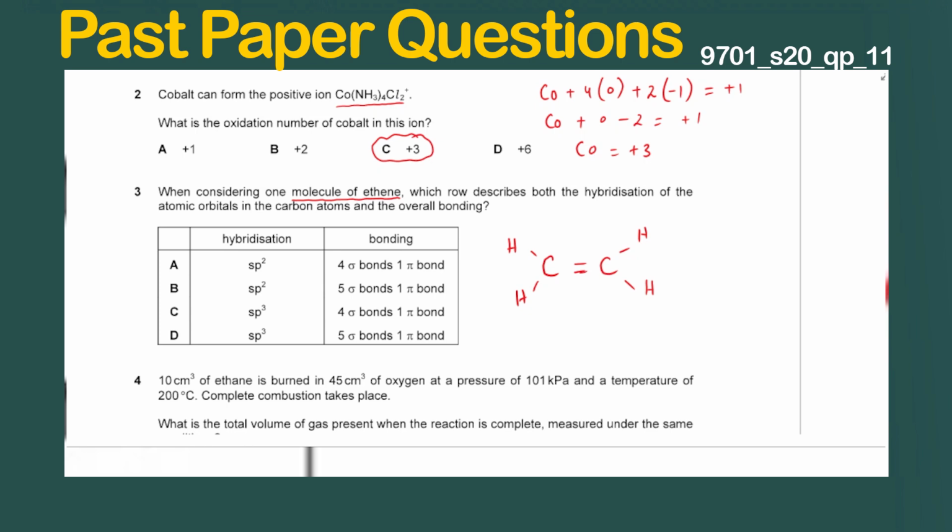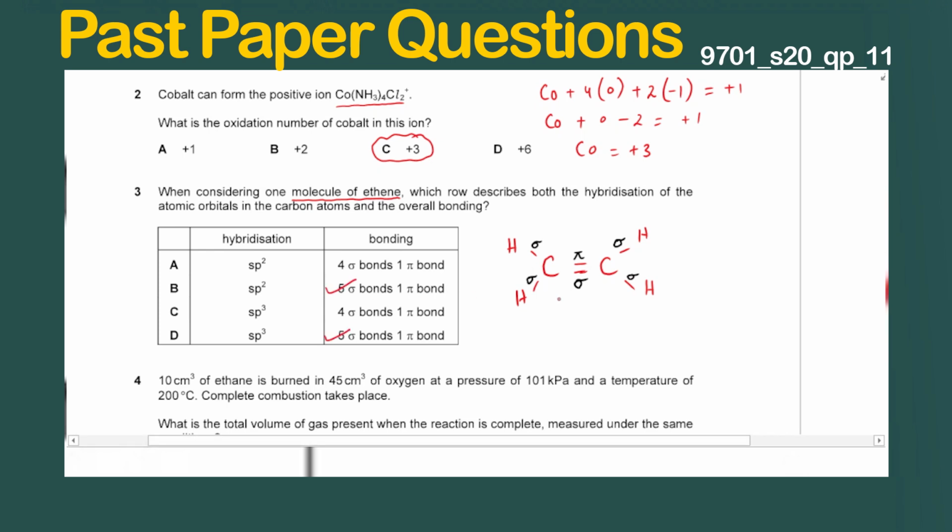Remember this point: whenever there is a double bond, the first bond is a sigma bond and the second bond is a pi bond. Whenever there is a single bond, it is always a sigma bond. So here we have a total of 5 sigma bonds and 1 pi bond.